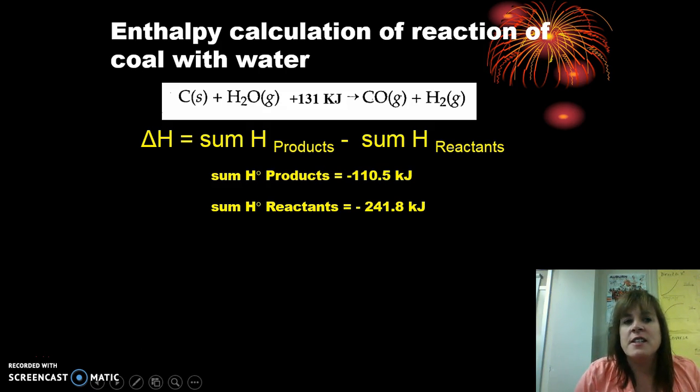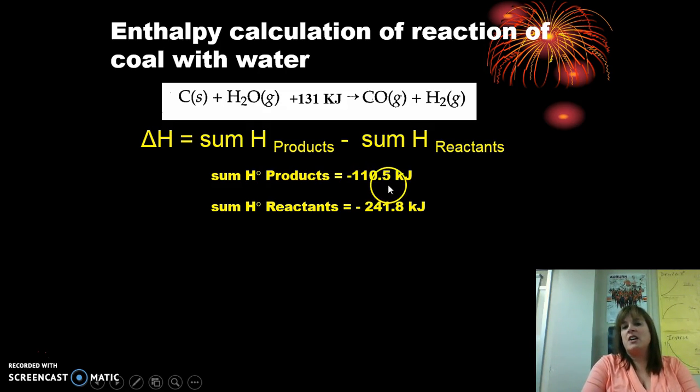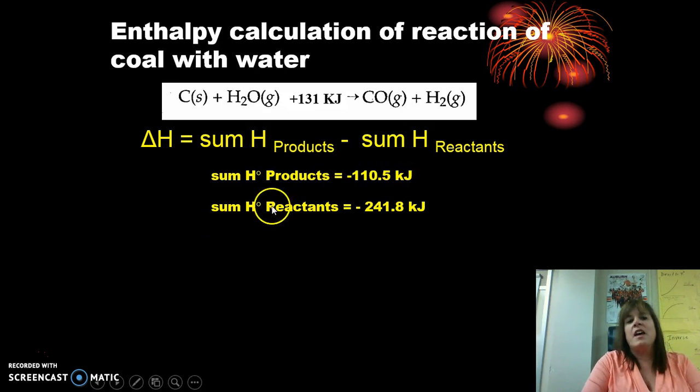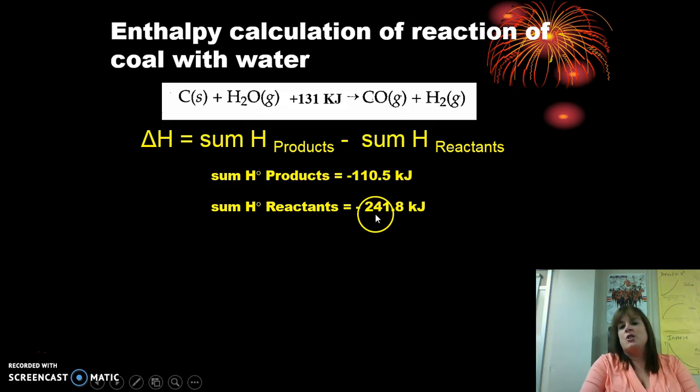So let's take a look at this endothermic reaction. It's coal and water, produces carbon monoxide and hydrogen gas. If I add up the enthalpies of all the products, I get a negative 110.5 kilojoules. From a negative standpoint, that's a bigger number than my reactants, which is a negative 241.8 kilojoules.